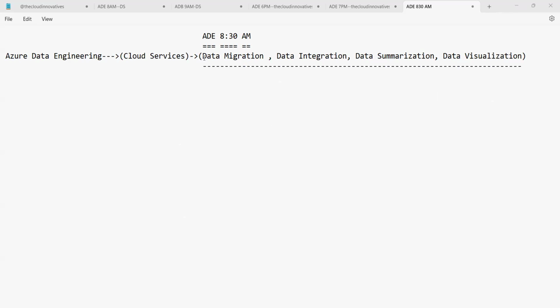Now, guys, we will discuss what is a data migration. So when we talk about the data migration, I'll take up a simple example here, guys. Okay, just a minute.